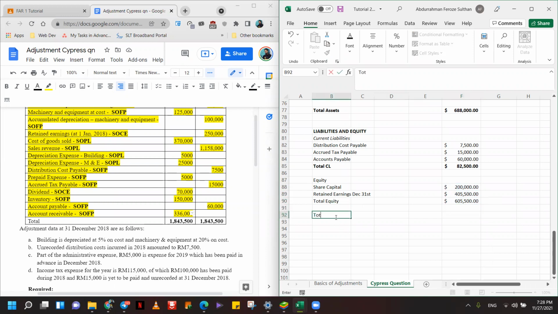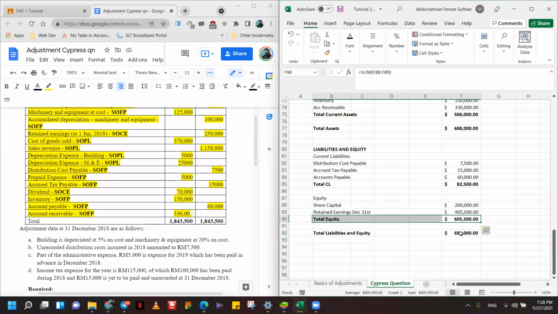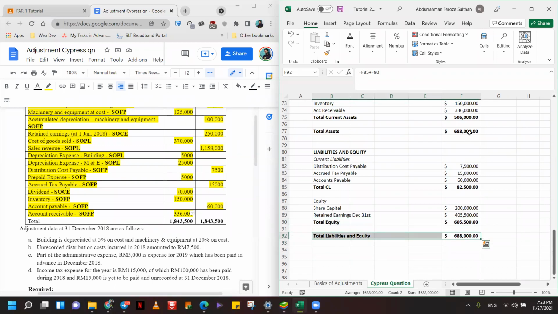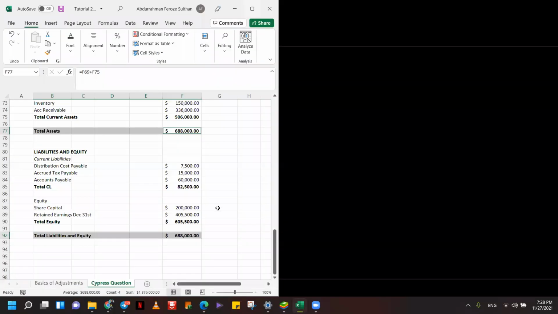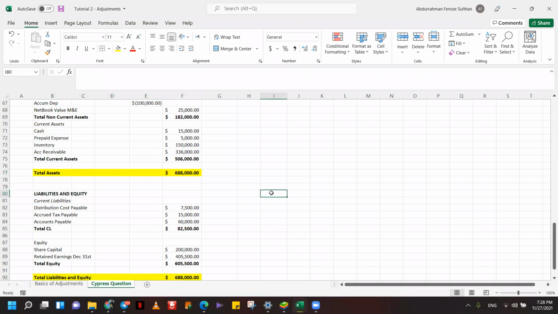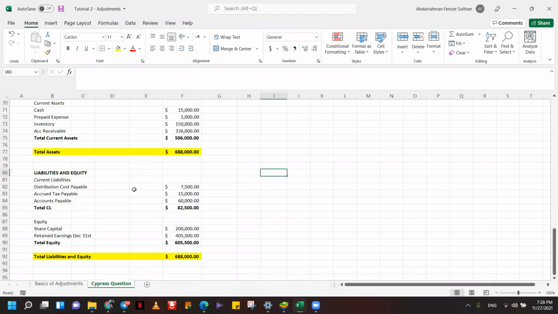And then total liabilities and equity equals this value plus this value. So if you look at this here and here, they are equal. See that? That means everything balances out and we've done it correctly.